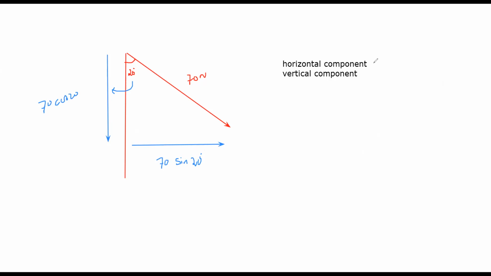So the horizontal component in this example is 70 sin 20 degrees, whereas the vertical component is 70 cos 20 degrees. Is it clear?